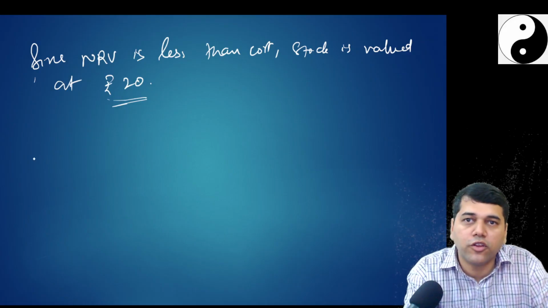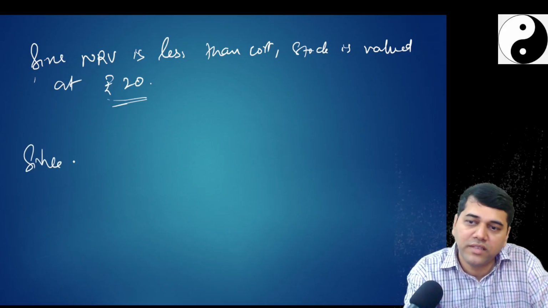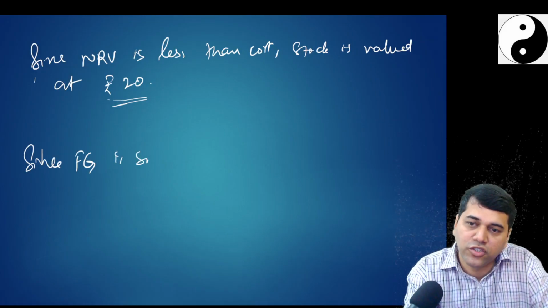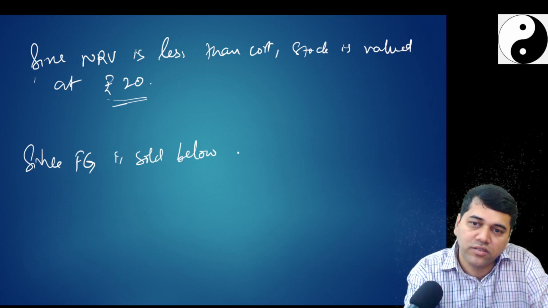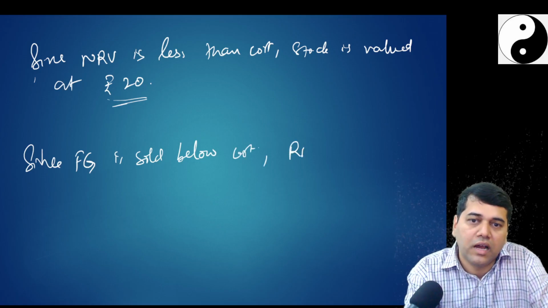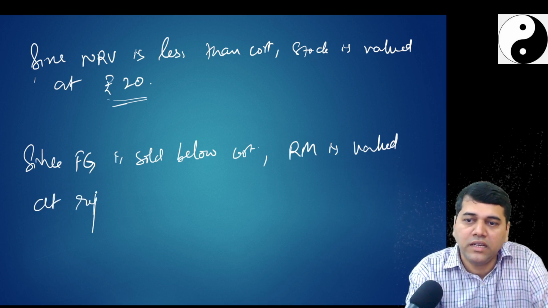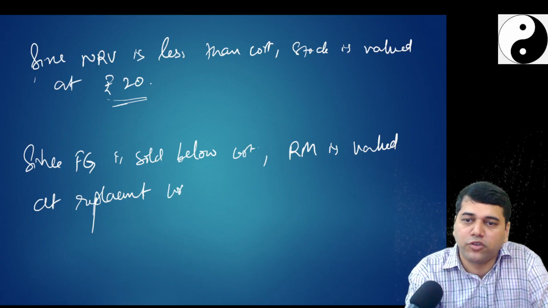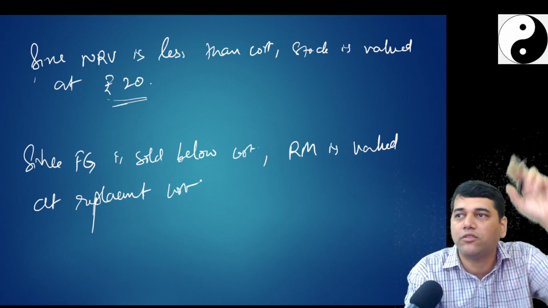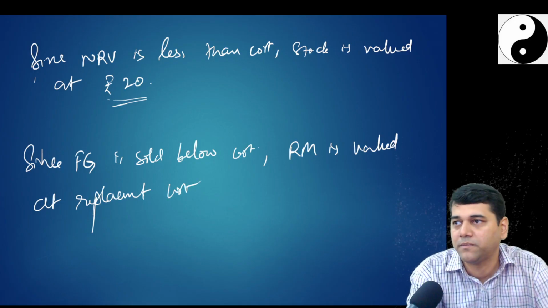Now what is the value of the raw material? Since FG is sold below cost, RM is valued at replacement cost of rupees 9.5. So you need not get into the headache of again calculating the raw material FIFO method and all that.